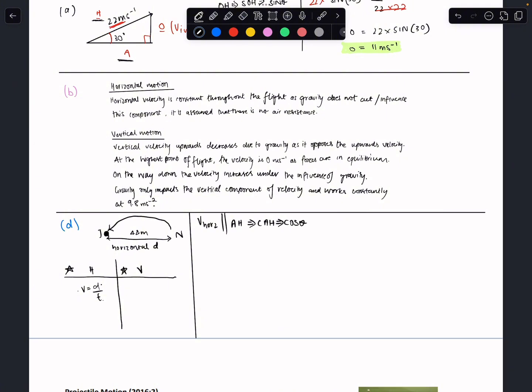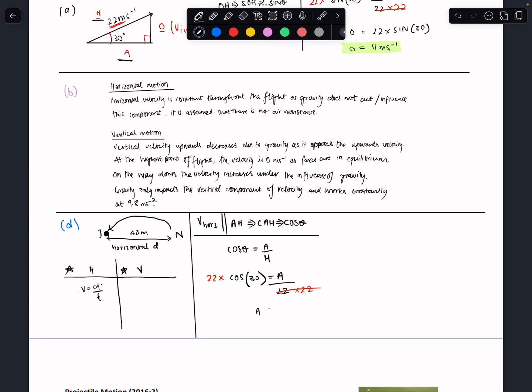All right, so this is how the equation goes. It's A over H, substitute everything in. We've got 30 as the angle, adjacent, which is our horizontal velocity, is what we're trying to figure out. Our hypotenuse is 22. Now we need A all by itself, so we have to times this side by 22.